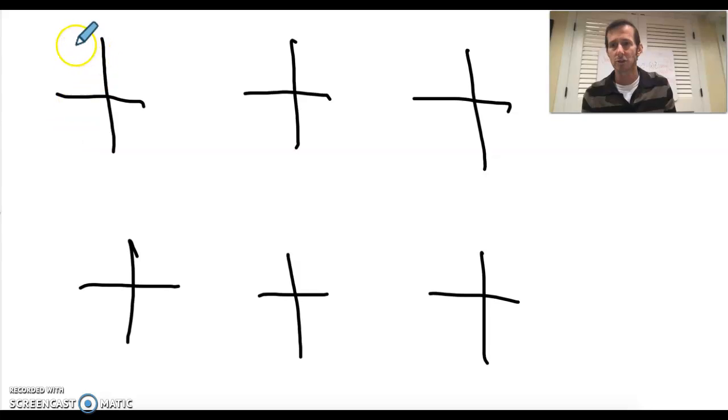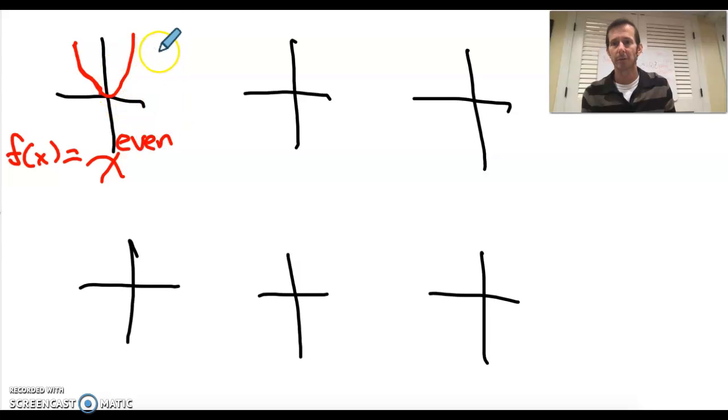Anything that has a general U shape is the function f of x equals x to a power that is an even number. For example, this could be x squared, x to the 4th, x to the 100, all even numbers.